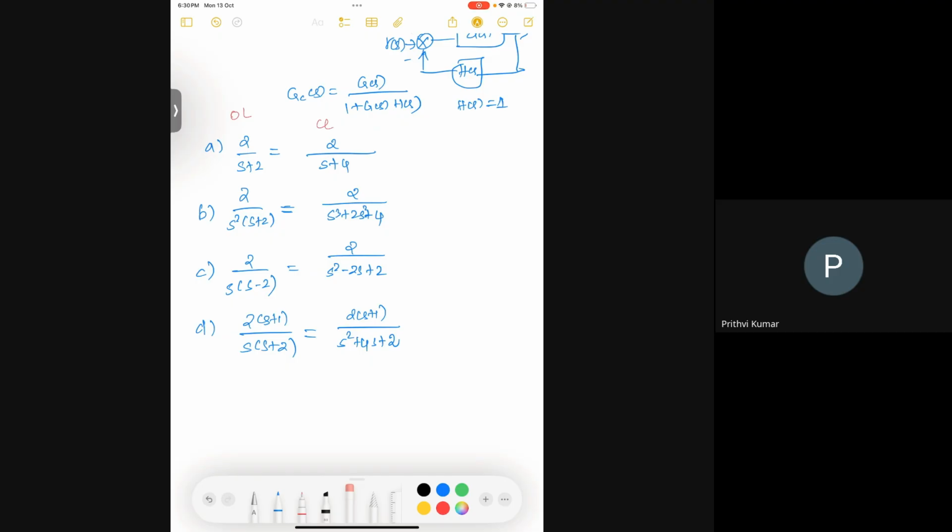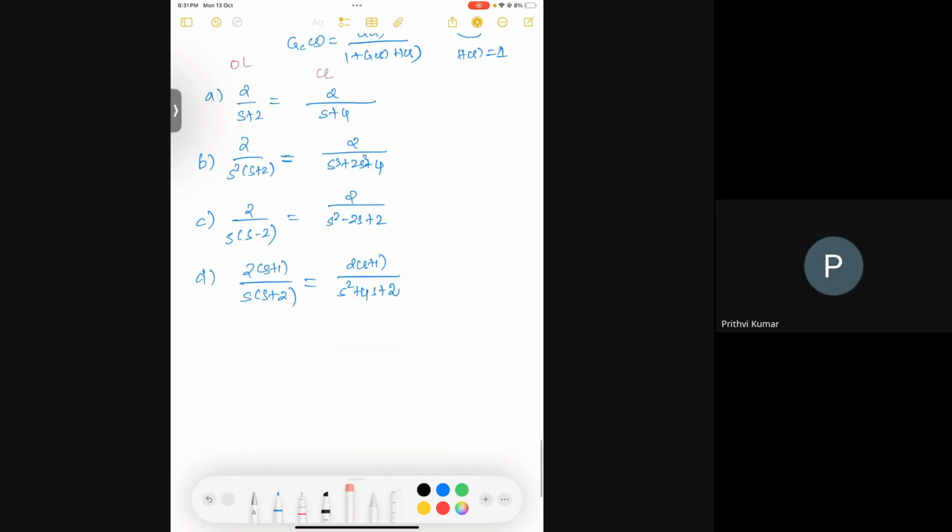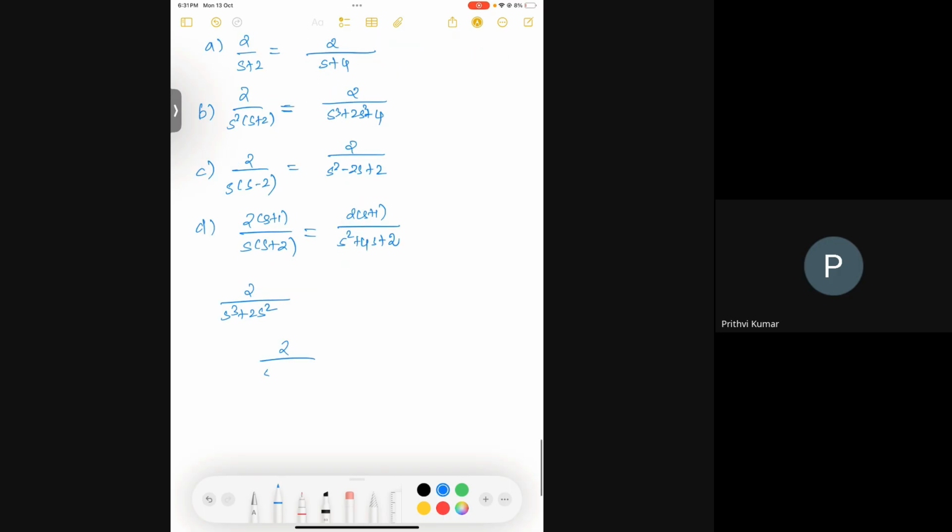I think I made some mistake. This will become 2s square, no? Then if I write it, 2 by s cube plus 2s square divided by 1 plus 2 by s cube plus 2s square, it's correct. That's plus 2, plus 4 I have put, right?